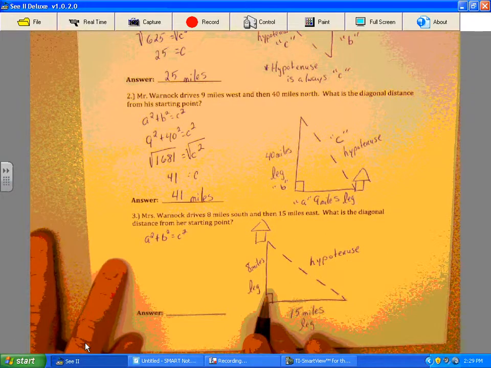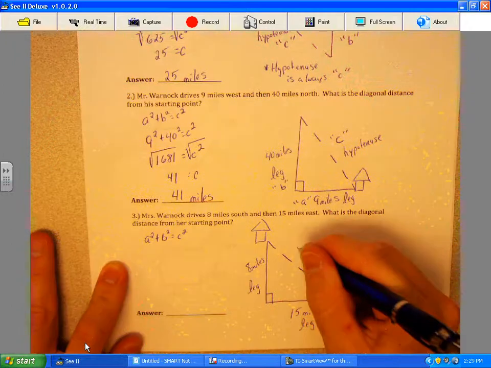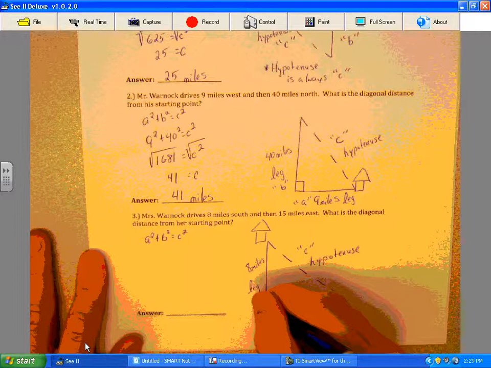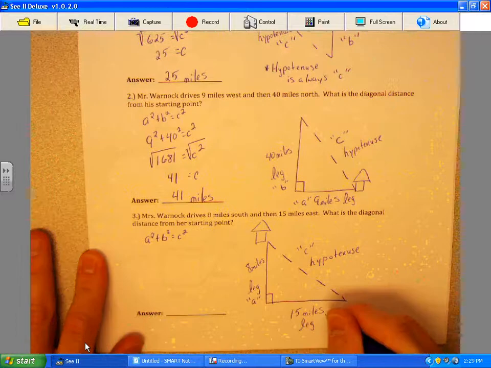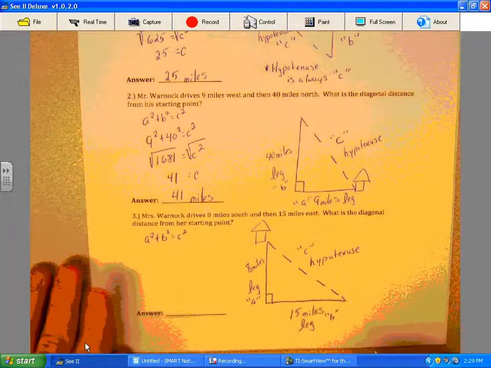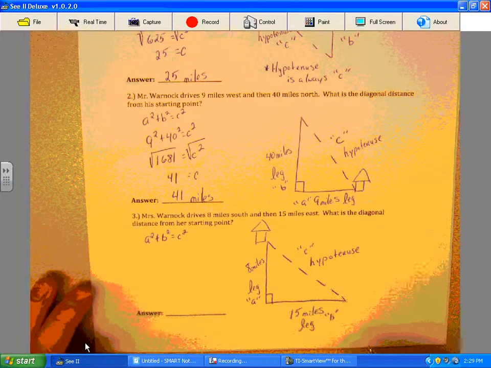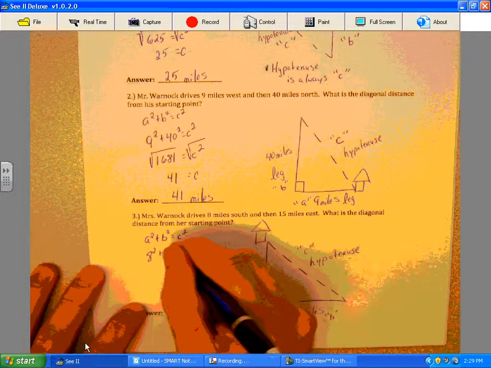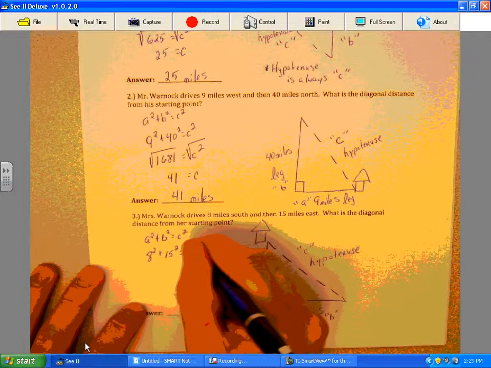Remember, our hypotenuse is always the c value, and the legs are a or b, doesn't matter what you label them. So this will be a, and this side will be b. And we're going to substitute that into the Pythagorean theorem. So 8 squared plus 15 squared is going to equal c squared. c is what we're trying to find.